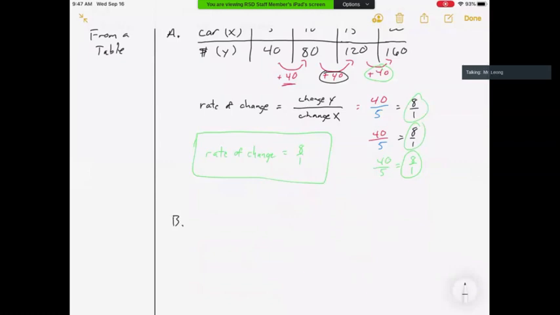All right, let's say you're going to a restaurant, or let's see, a boba place, something like that. You're going to buy a drink. That's our X. And money is our Y. All right, so let's just say you buy one drink and it's $8.